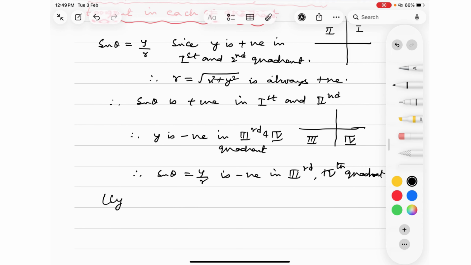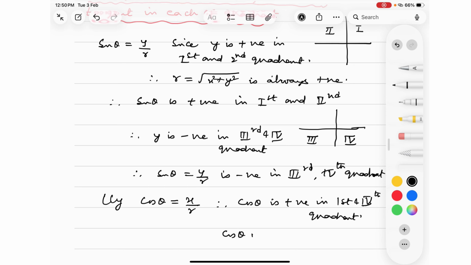Similarly, cos theta, because it is x by r, is positive in which quadrant? First and fourth quadrant, because x is positive in the first and fourth quadrant.